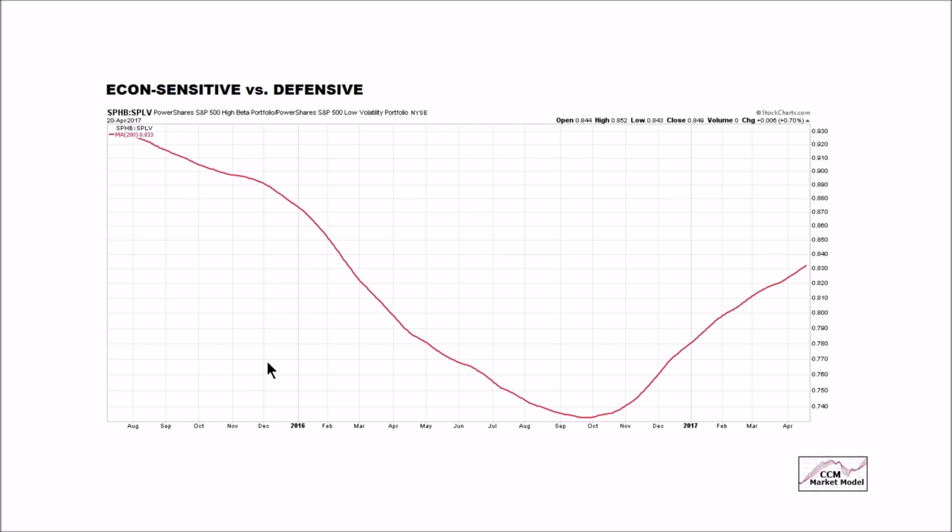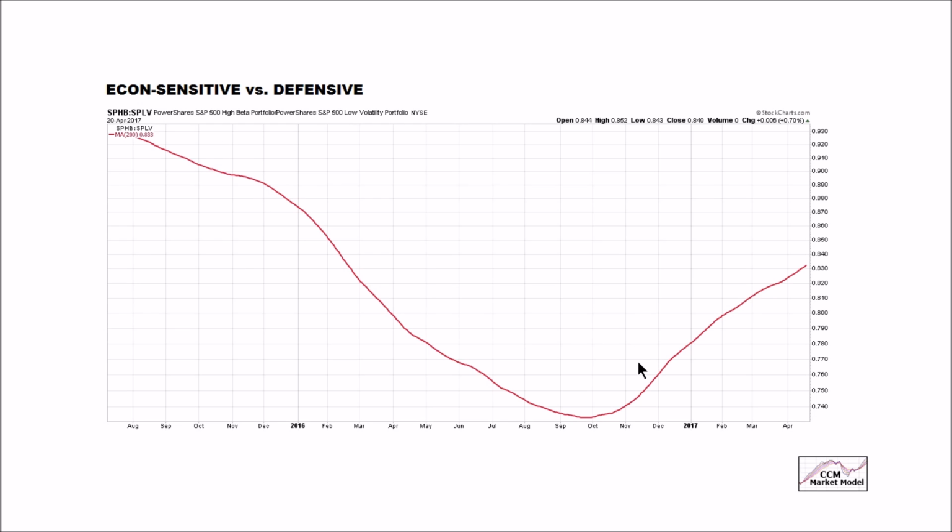The chart that we've been looking at is SP high beta, SPHB, relative to SP low volatility, or SPLV. This is our economically sensitive sectors relative to an overweight in defensive sectors. Defensive sectors have been outperforming in the short run.